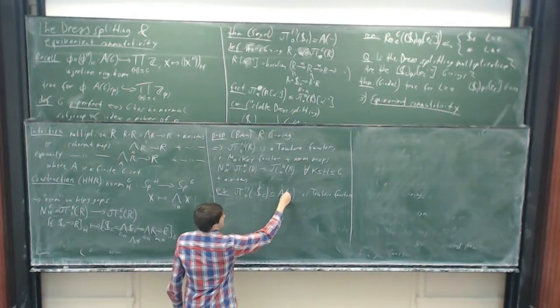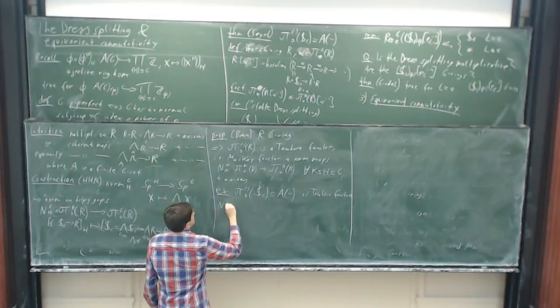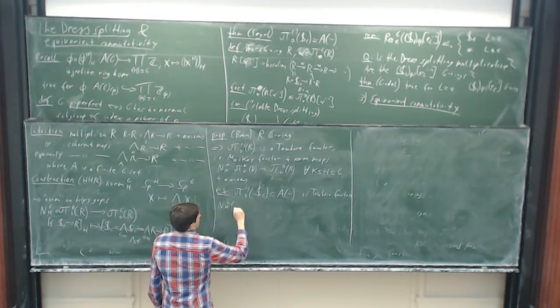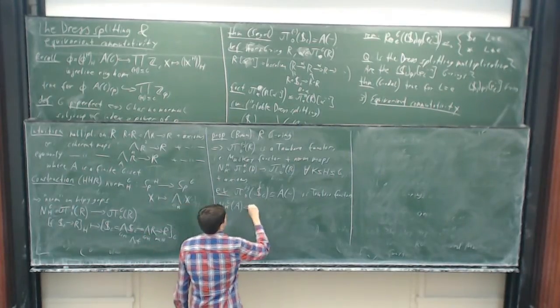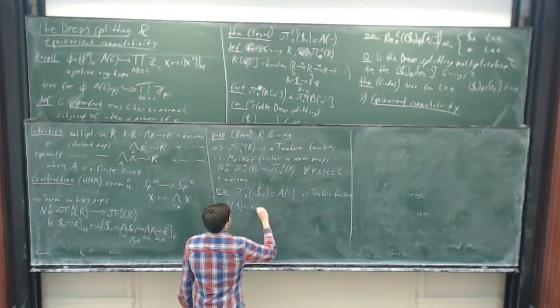So the norms here on the right-hand side, say on a finite G set A, are co-induction of G sets.